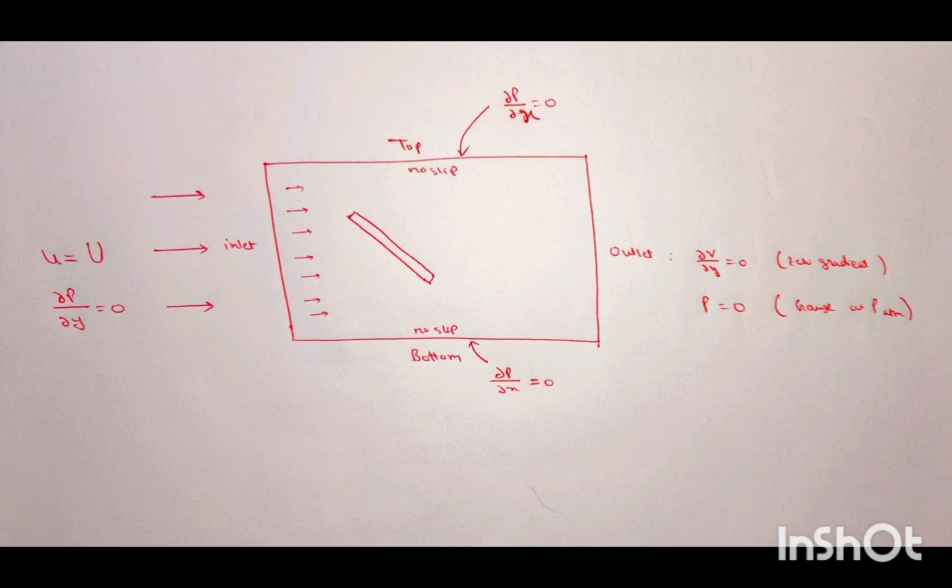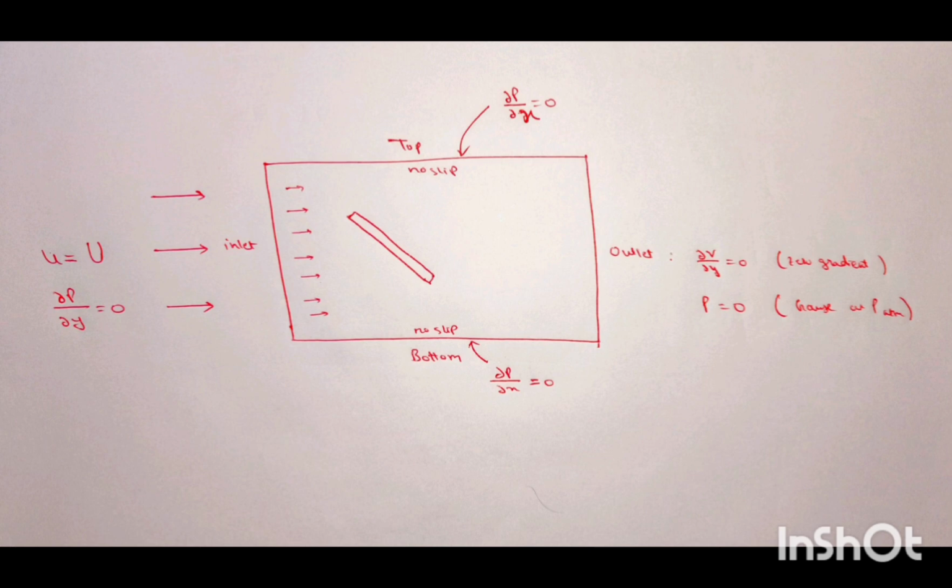Now we need to define our initial and boundary conditions. So at the inlet we have taken u equals u, which can be varied in the simulation, and it is a Dirichlet boundary condition, and zero pressure gradient at the inlet. For the top and bottom boundaries we have taken a no slip condition, which means the pressure gradient at the walls is 0, which is a Neumann boundary condition.